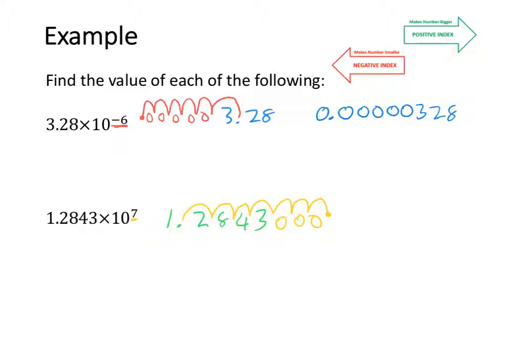So my new number is going to be 12,843,000. So with a positive index, I've made my number a lot bigger by converting it into ordinary form. So there are some examples of how we convert from scientific notation to ordinary number form.